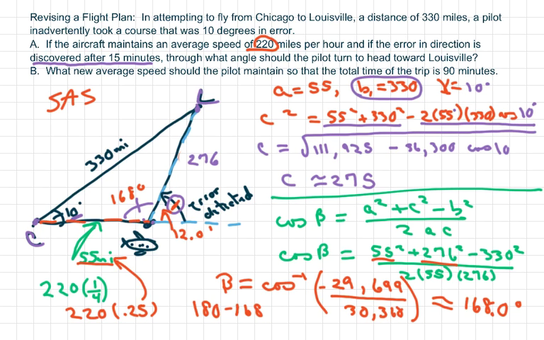Now we have to answer B. What new average speed should the pilot maintain so that the total time of the trip is 90 minutes? Let's go to the next page. We know that rate is distance over time.